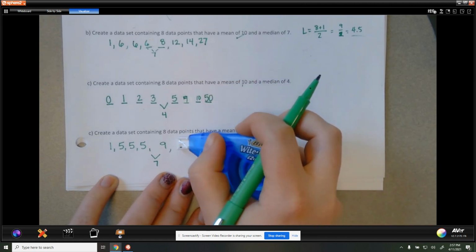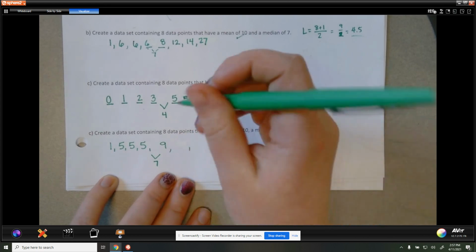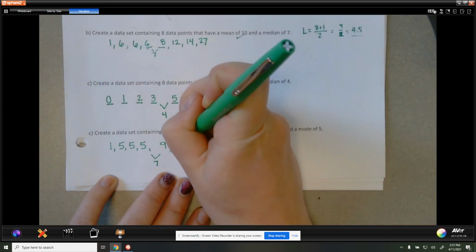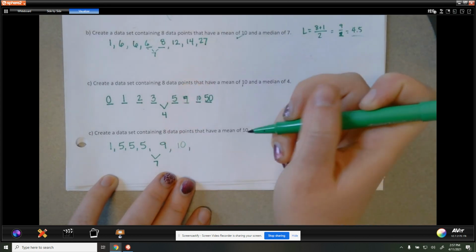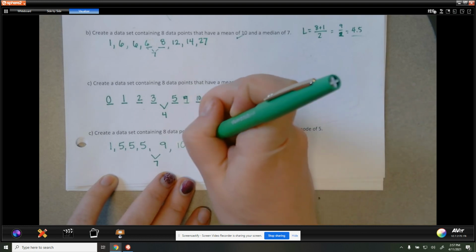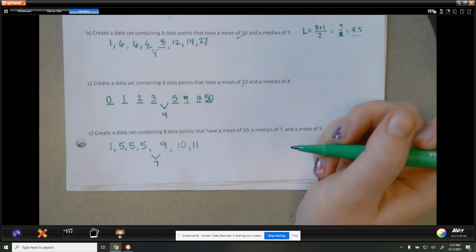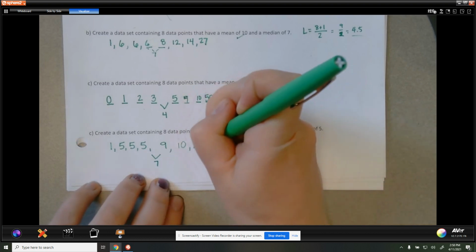Actually, 20's got to be later on. So let's say 10. And then I could do 11. So 10 plus 11 gets me to 21. So 55 minus 21 is 34.